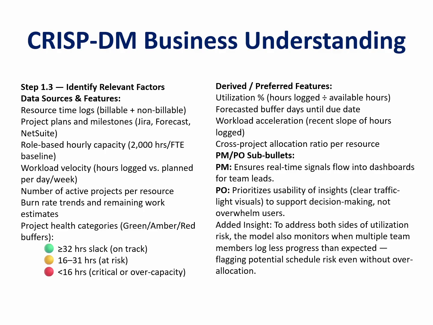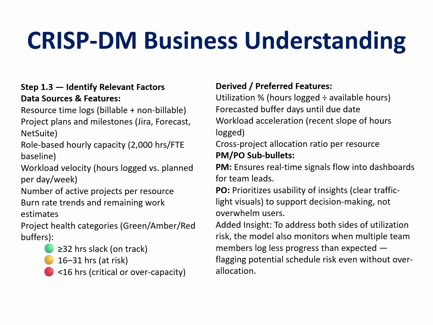But we also want to take into account capacity data for a person, for a project, and use that in order to determine velocity, hours logged versus plan, things of that nature that we would normally do on the job anyway.